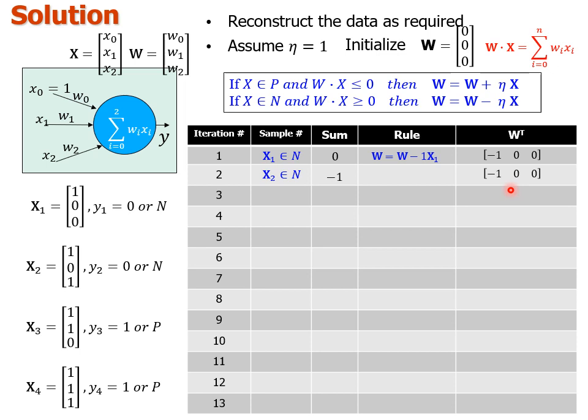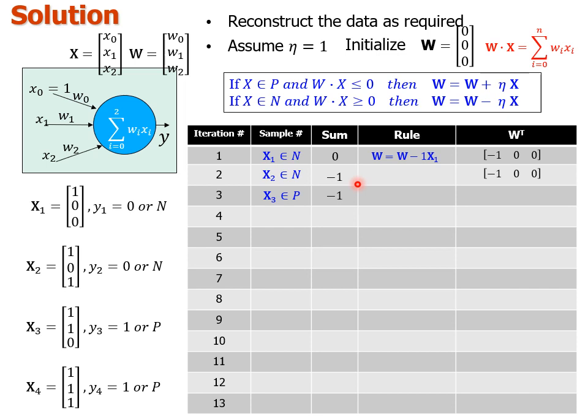Now let us go to the next iteration where we are presenting the third sample x3, which is positive. On similar lines, x3 is 1 1 0 and w is minus 1 0 0. So the weighted sum of w and x3 comes out to be minus 1.